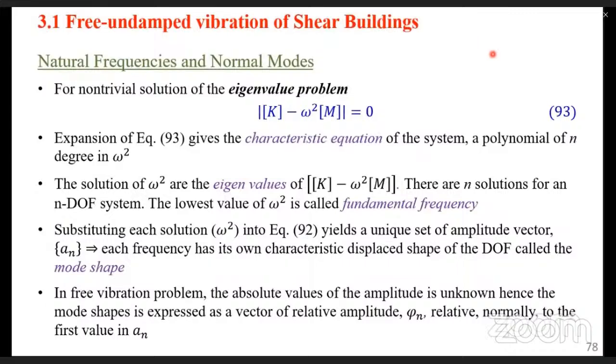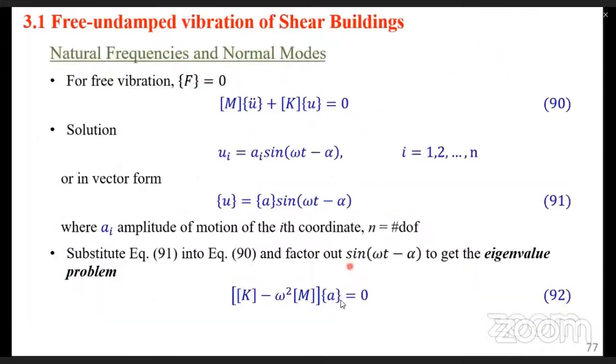So for a non-trivial solution, remember the eigenvalue problem: K minus omega squared M, multiplied by A. To obtain this, you substitute and simplify the equation, where A is the amplitude of the motion. For non-trivial, we need a rule that applies throughout the vibration history of our structure.